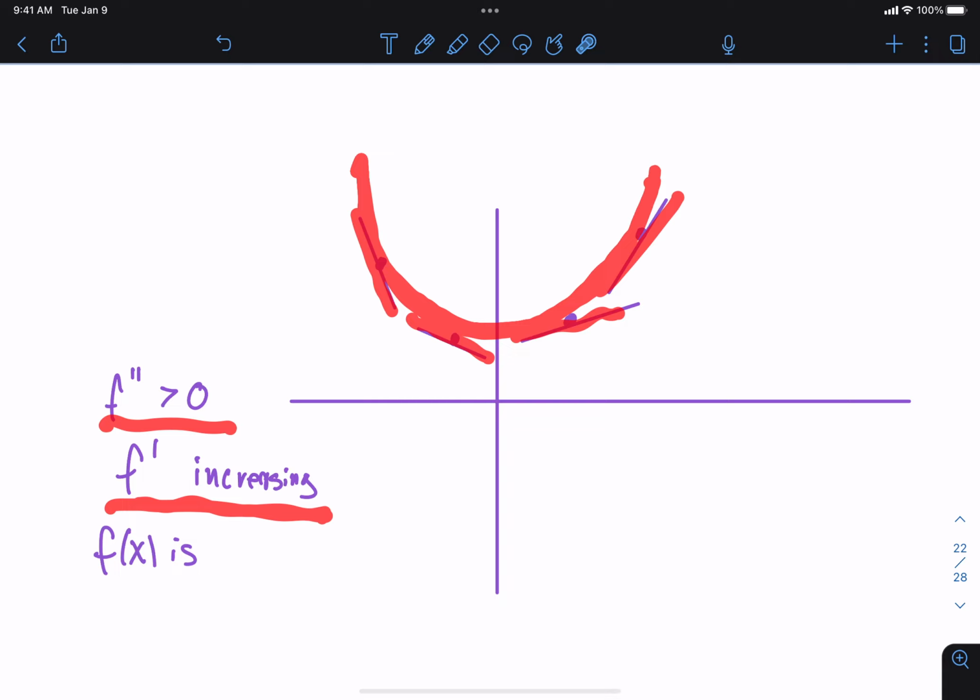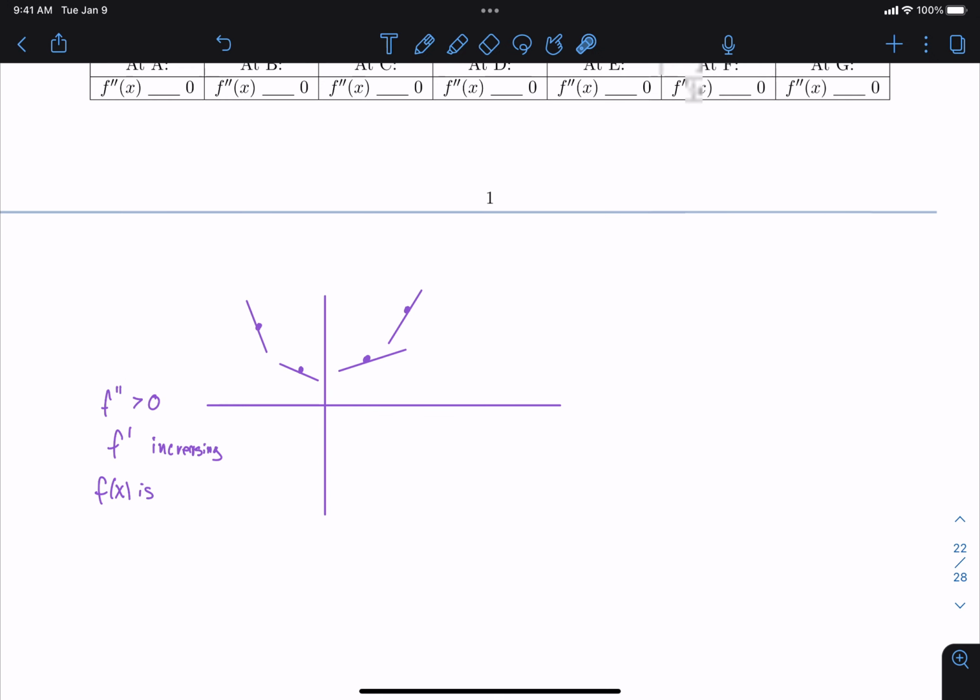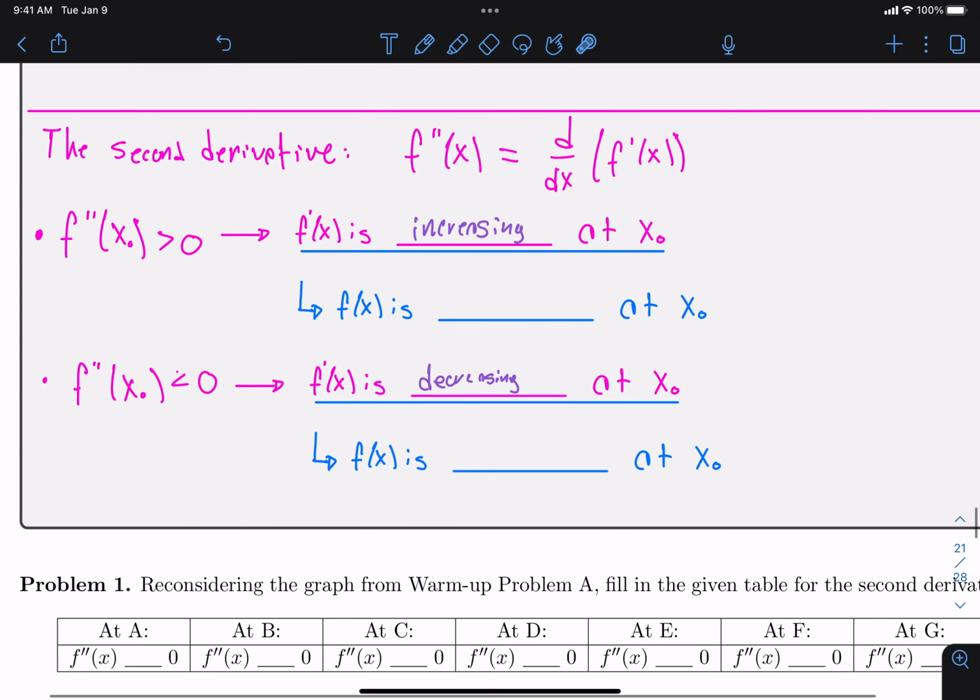The way I think about it is like if you were in a car driving, whoops, I guess that's my hood. That's my hood ornament there, okay? So we're moving forwards. Then what are we doing? We're turning the steering wheel to the left. So that's what I mean by this sort of leftwards turning, okay? So it describes the curvature of our graph. So f prime is increasing tells us that f of x is concave up.